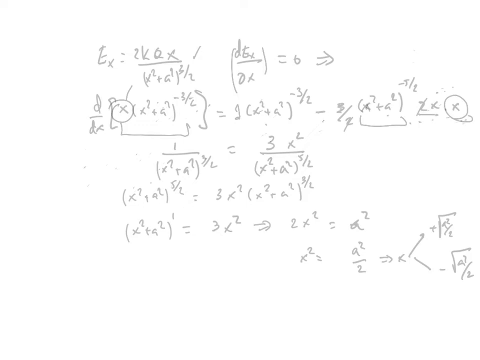So the derivative will be equal to 0 so I can find the minimum. The minimum of the curve is when the slope goes to 0. If the slope is 0, you are in a minimum.